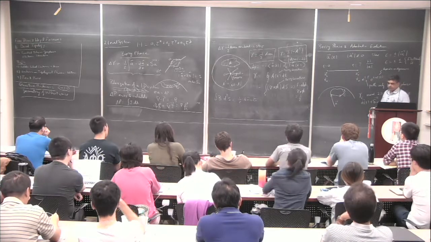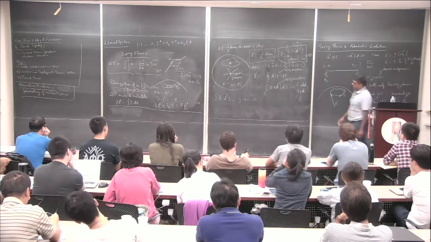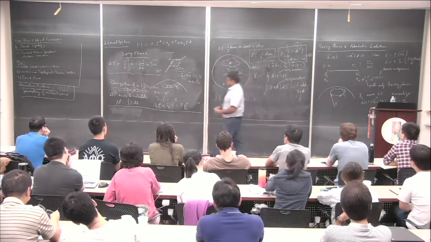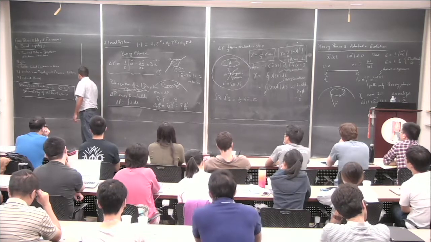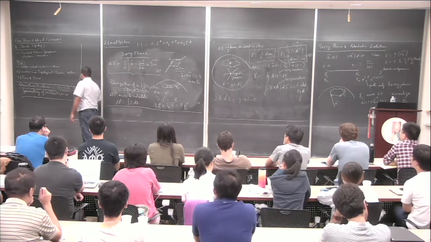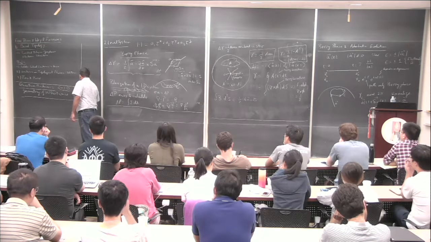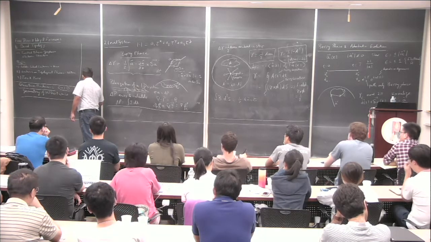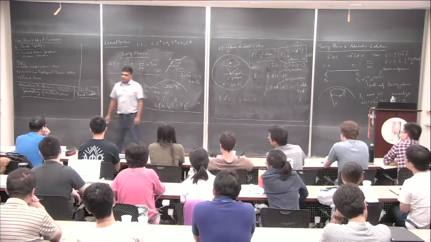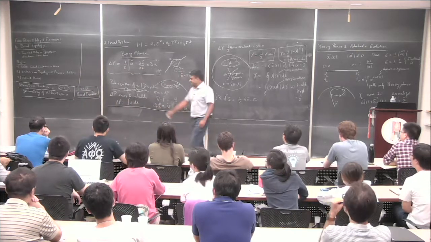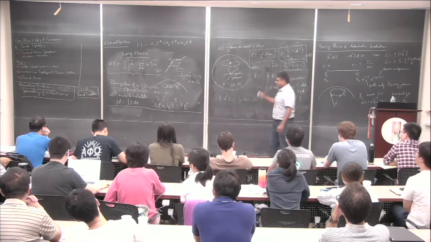Let me now talk a little bit, moving up to the next simplest case, which is just the 1 + 1D band insulators. It looks like we're making very slow progress: 0 dimension, 1 dimension.